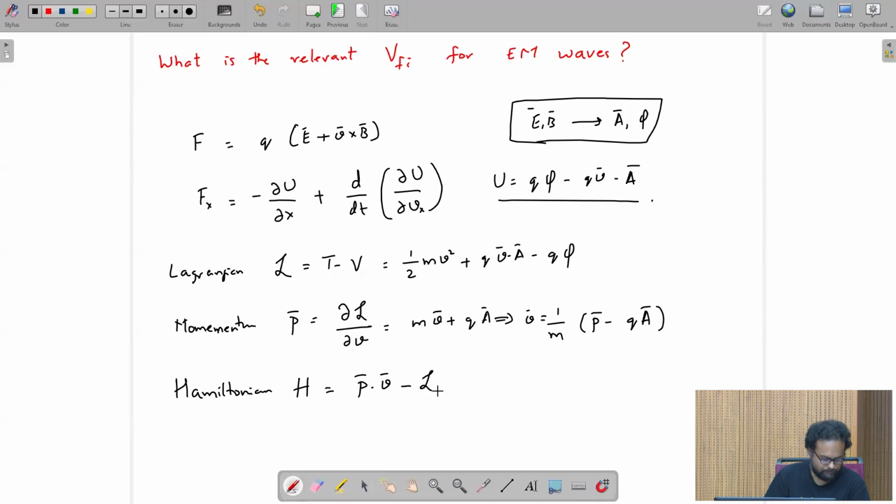You will see this will be equal to 1 over 2m times p minus Q A squared plus Q phi. That's your classical Hamiltonian of the radiation field interacting with a charged particle.